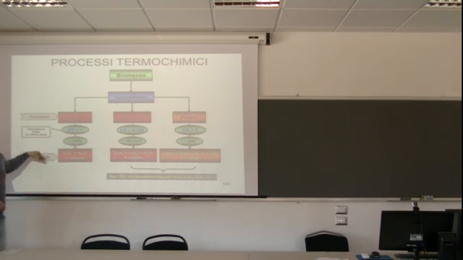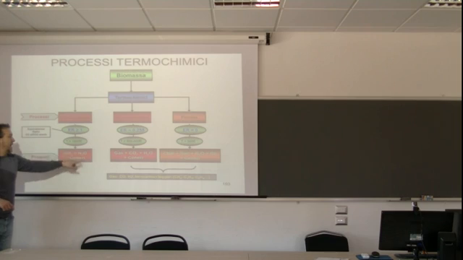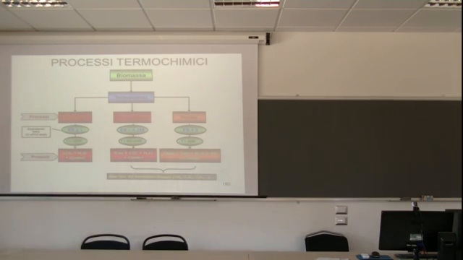These are co-products, because in general your final product is energy. So you have co-products: carbon dioxide, water, and ashes, of course, because we have seen that the inorganic fraction of biomass is not transformed, but you find it in the ashes. Okay, this is the combustion.